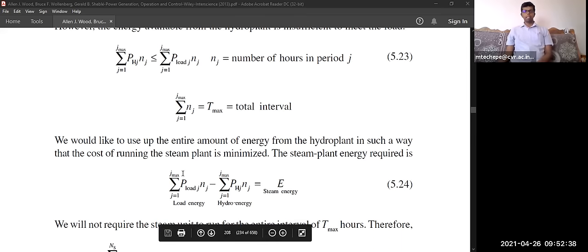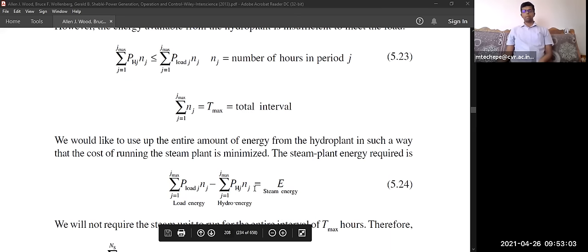Load energy is sigma j equals 1 to j maximum P load j into Nj, minus sigma j equals 1 to j maximum Phj into Nj, where Nj is the number of hours in a period j.